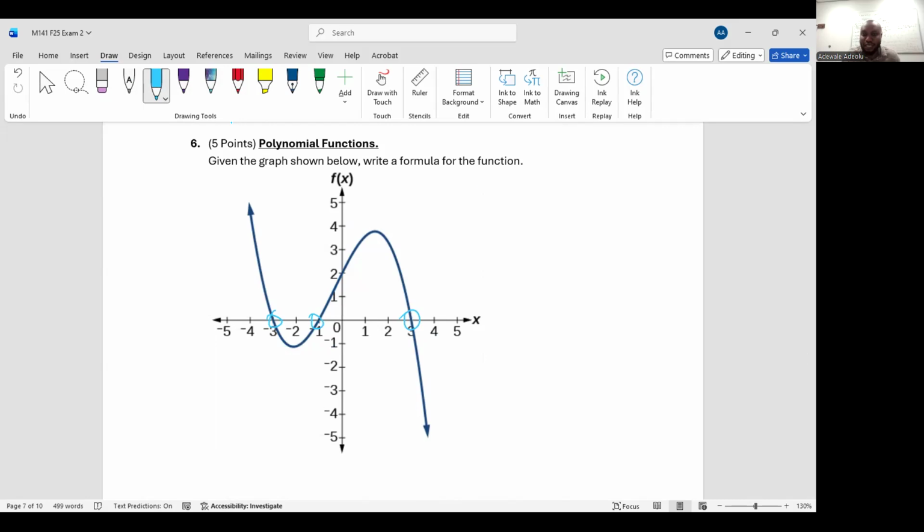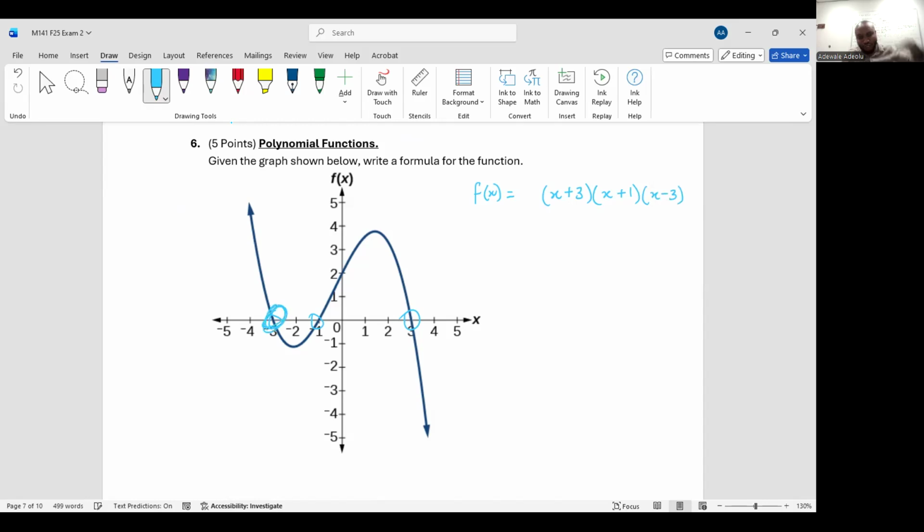And I can say f of x equals, let me generate a factor. So x plus 3, x plus 1, and x minus 3.